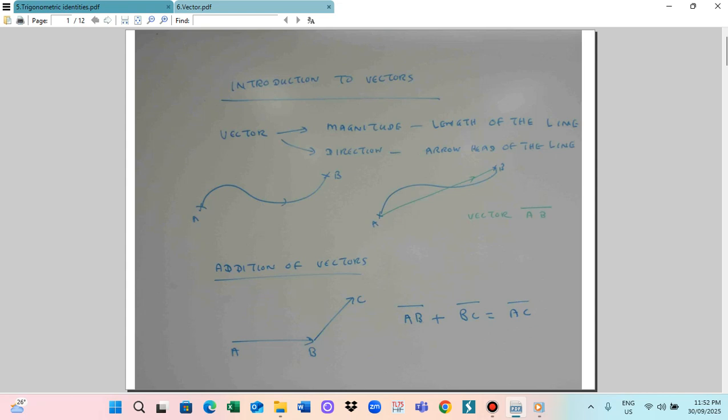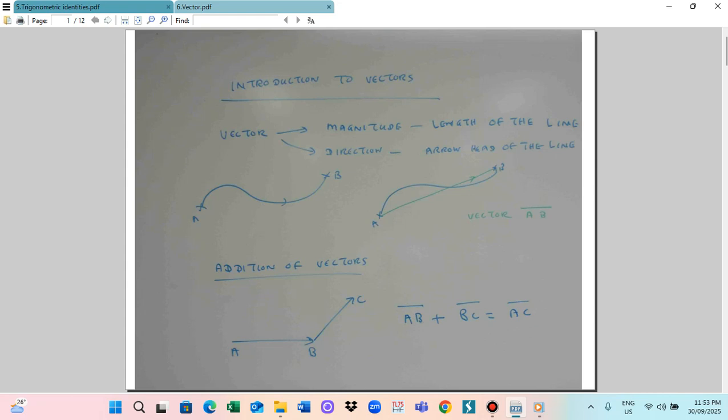Once we solve one problem: if a body undergoes a displacement of 12 meter due north, followed by a displacement of 5 meter due east, the resultant displacement is 13 meter.